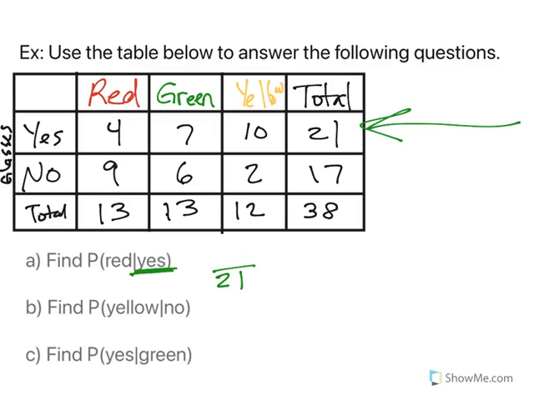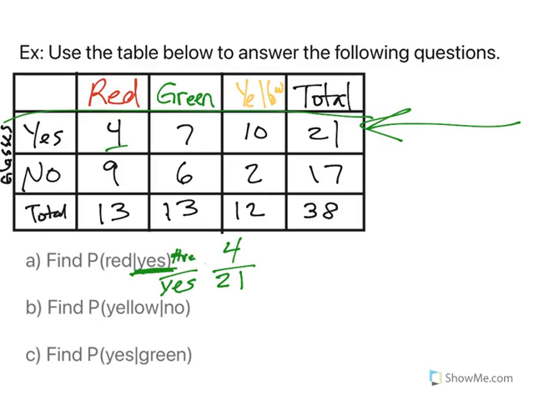Whatever's given goes in the denominator, and the number of red yeses goes on top, because the top is the probability of this and that, as in our formula. Looking only at the yes line, how many reds are there? There are 4, so my numerator is 4.